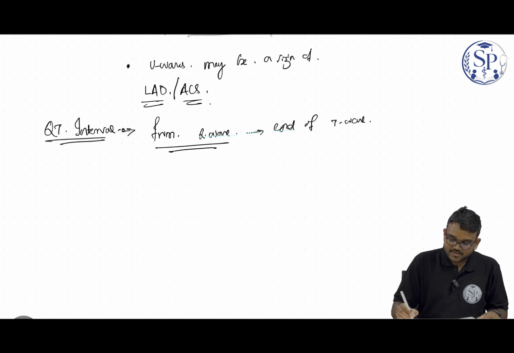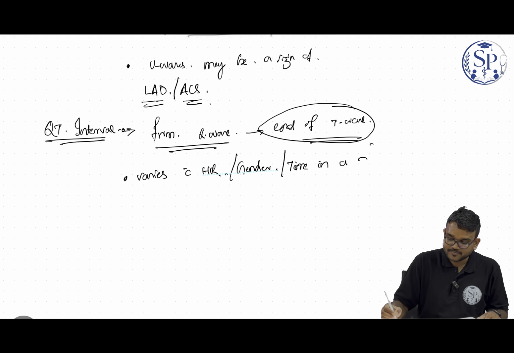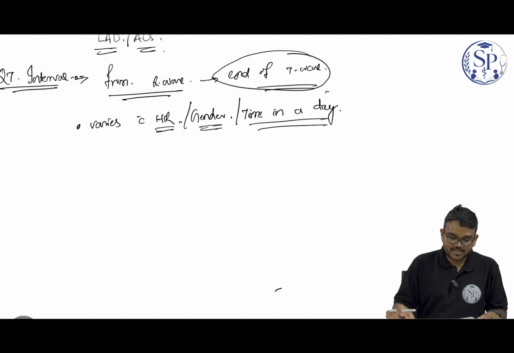Okay, so the QT interval signifies from the Q wave to the end of the T wave. It varies with heart rate, gender, and time in a day. The QT interval varies with heart rate, it varies with gender, and it varies with time in a day.